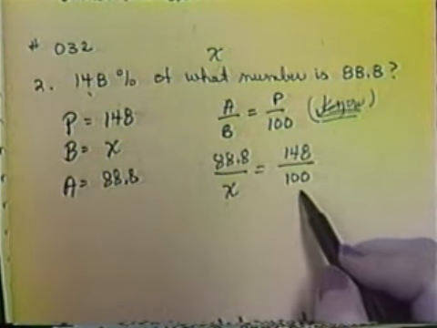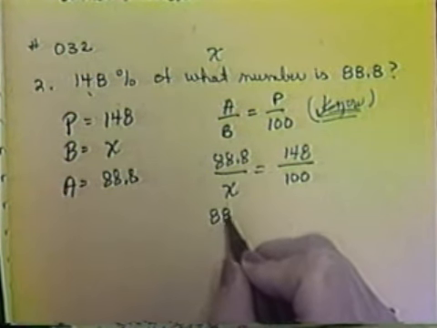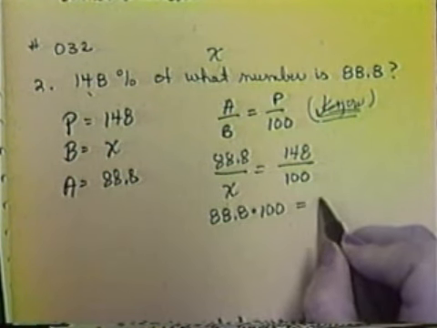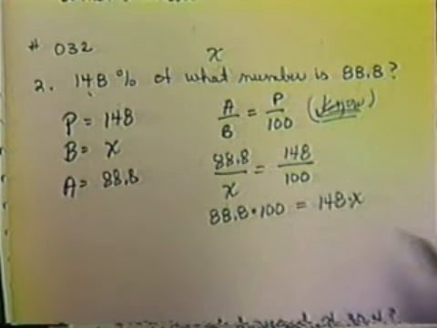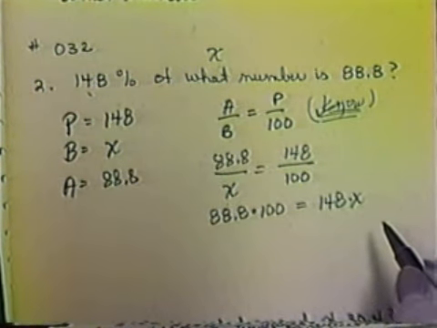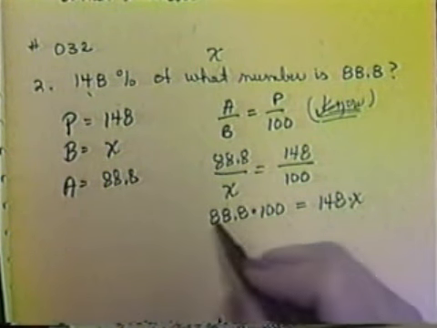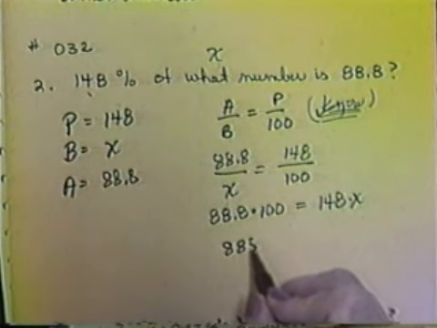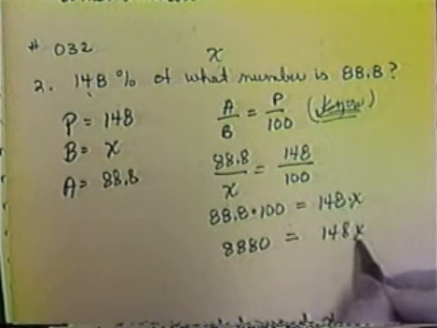Now, to solve a proportion, we cross multiply. So 88.8 times 100 is equal to 148 times x. Remember, we cross multiply. That's how you solve a proportion. Now, 88.8 times 100, we can do this on our calculator, and we get 8,880 is equal to 148x.